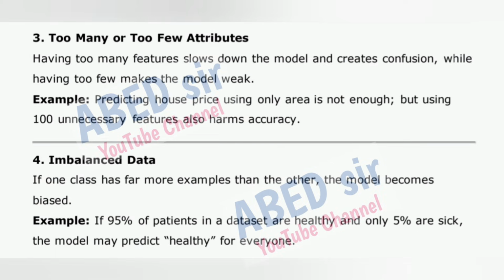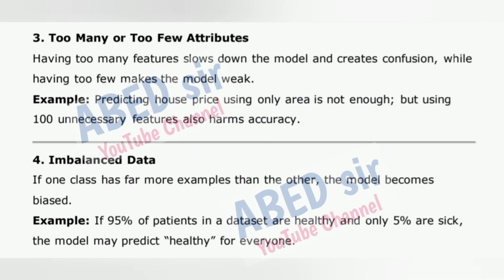3. Too many or too few attributes. Having too many features slows down the model and creates confusion, while having too few makes the model weak. Example, predicting house price using only area is not enough, but using 100 unnecessary features also harms accuracy. 4.